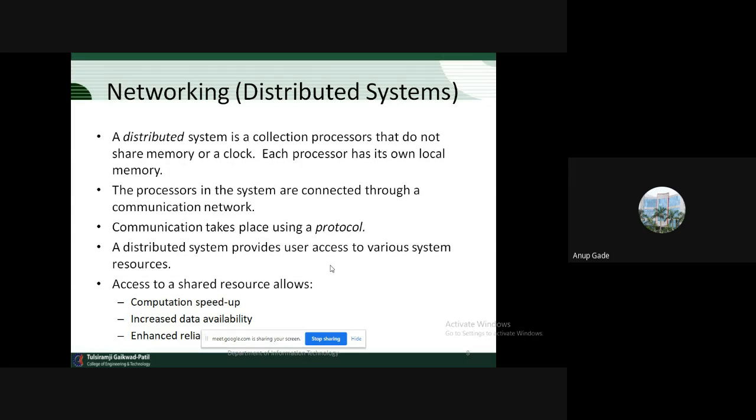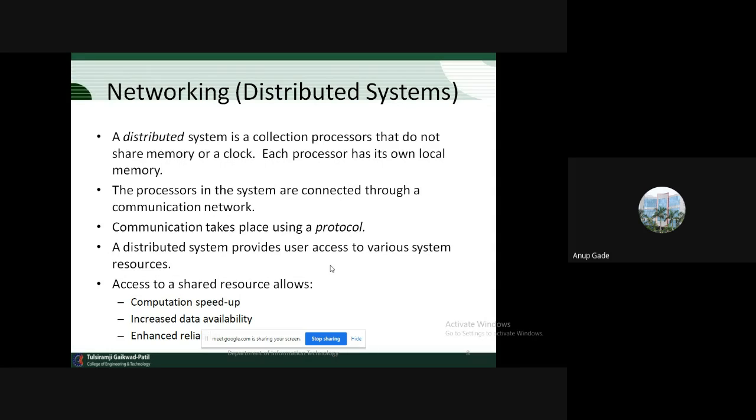Then networking, or we may say a distributed system. We have already understood in our first or second video that a distributed system is not possible without networking. A distributed system is a collection of processors that do not share a memory or a clock. Each processor has its own local memory. The processors and systems communicate through a communication network, and communication takes place using protocols. A protocol is a set of defined rules for operation of these systems.